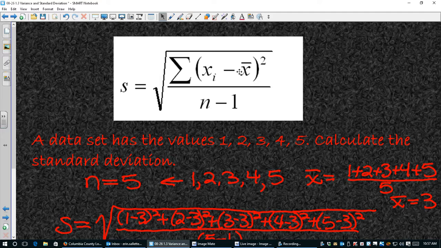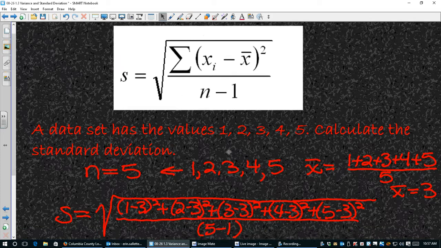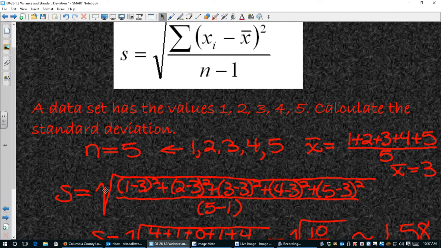So now I have my n, I have my mean, and now I'm just going to take the sums of the differences of the mean to each value, square it, and divide it by your n minus 1. So here I've written out s equals the square root of, take 1, subtract 3, square it, plus 2, subtract 3, square it, plus 3, subtract 3, square it, plus 4, subtract 3, square it, plus 5, subtract 3, square it.